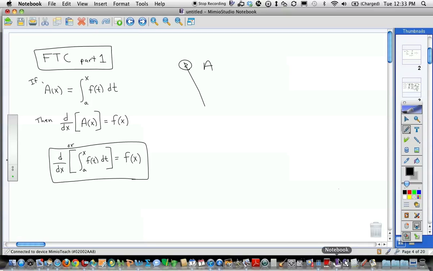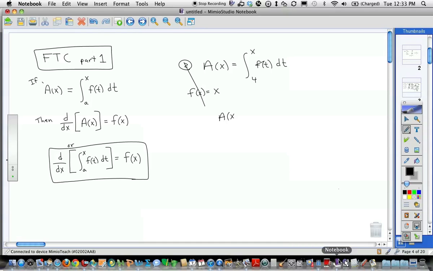When you see this, they told you little f of x was, what was it, just plain old x? Yeah. Okay, and you were supposed to write a formula for A of x.